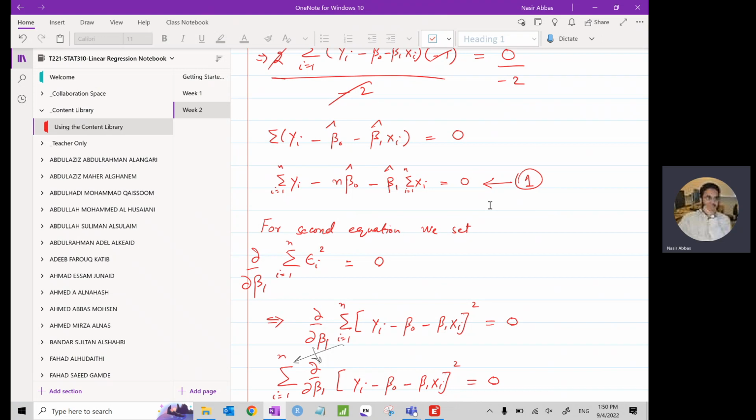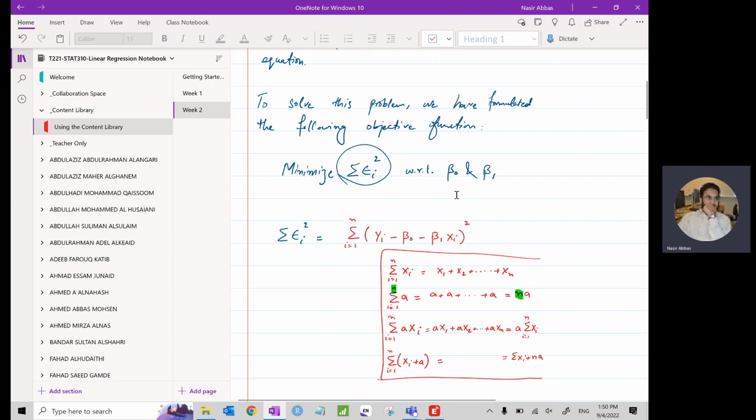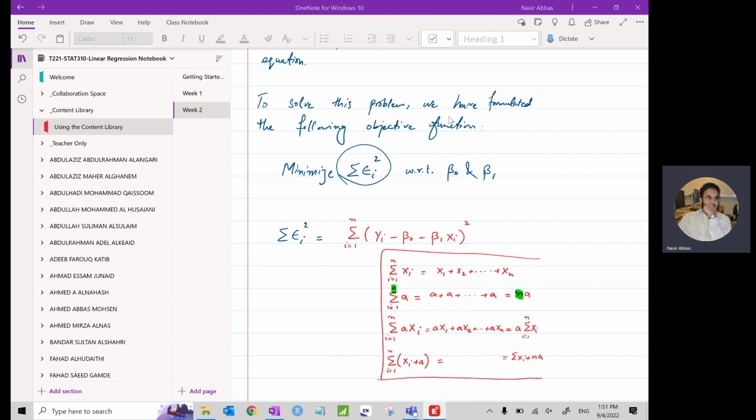Yes. Come here, I will tell you. The objective, look. The objective is to minimize, right? How do you check if the function is minimized or maximized?